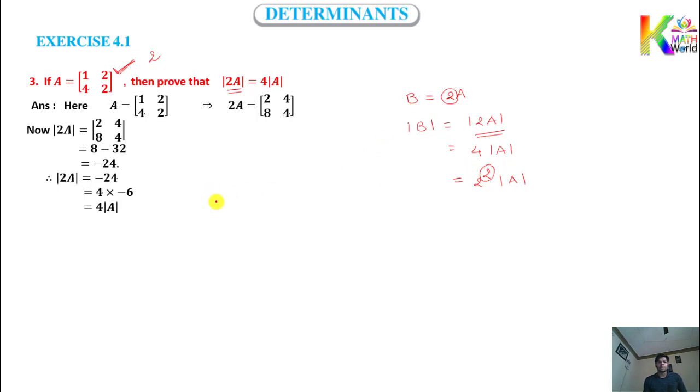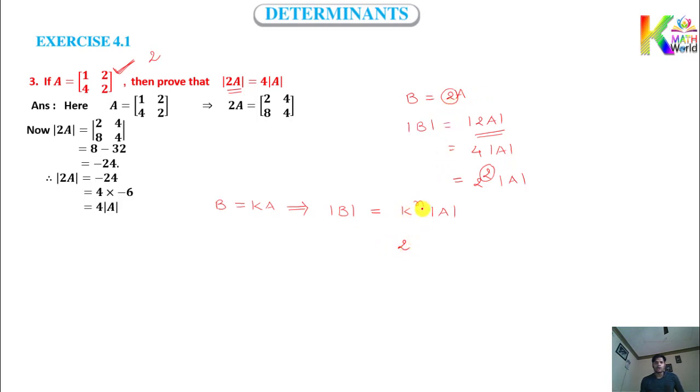It means I want to tell you that if B equals KA, then determinant of B equals K raised to n into determinant of A. That thing was there in remark number 3. Here K is how much, K is 2.